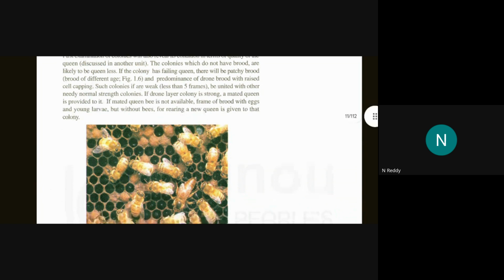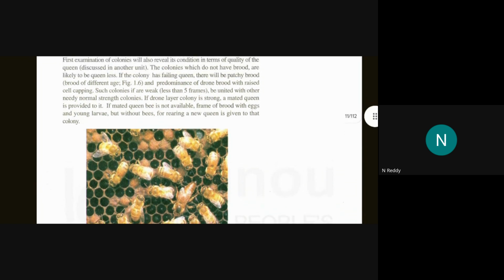If the colony has a failing queen, there will be patchy brood and predominance of drone brood, with raised cell capping. You can see in the picture the capped cells, which have a very raised cap.